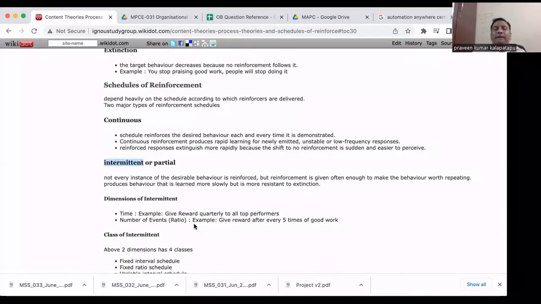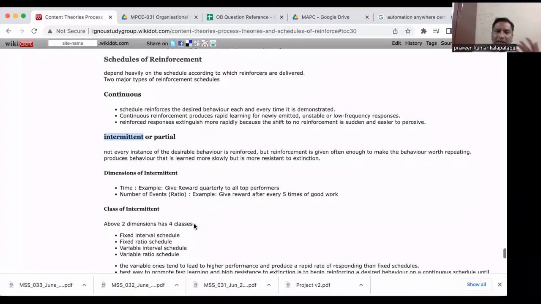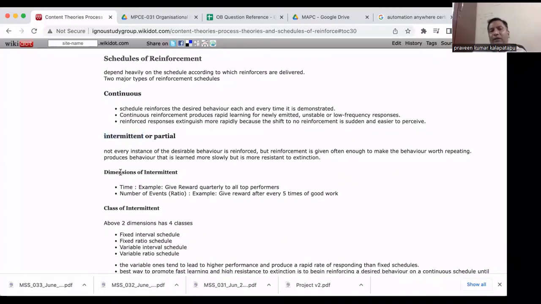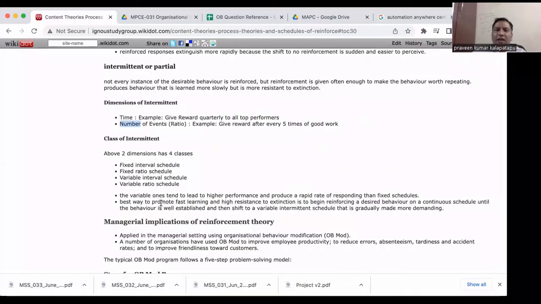Intermittent has multiple classes by itself. The dimension is either time based or number of events. It has 4 classes: either a fixed interval, where you are saying that every quarter I am going to give the best developer award, or a variable interval, where I might give whenever I feel like, but it is variable. Then fixed ratio and variable ratio.